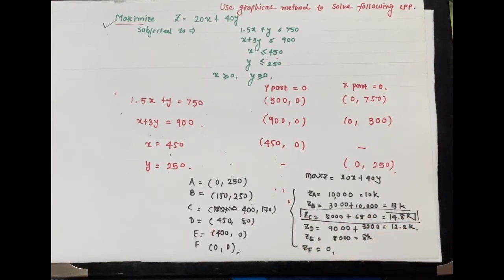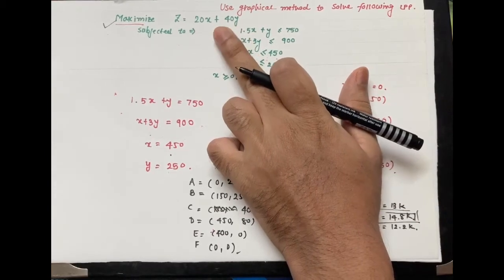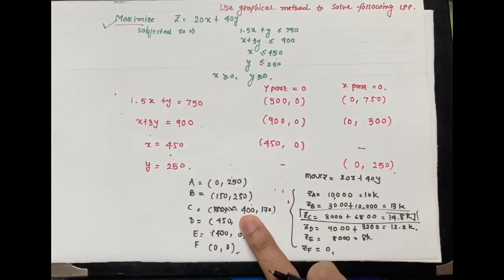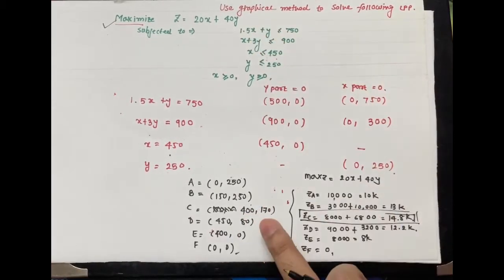For the point C, I am getting the maximum profit. Hence, I should select the values of X and Y in such a way that X should be of 400 magnitude, Y should be of 170 magnitude.